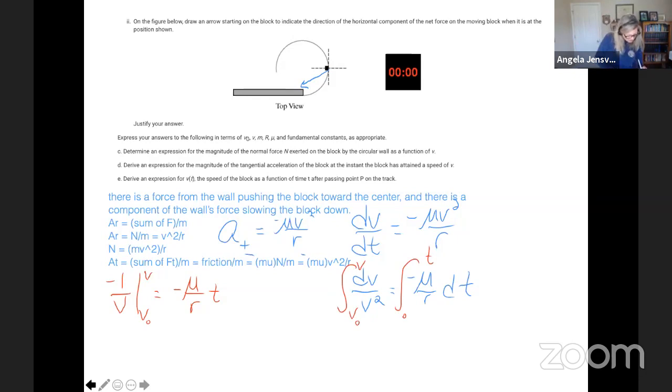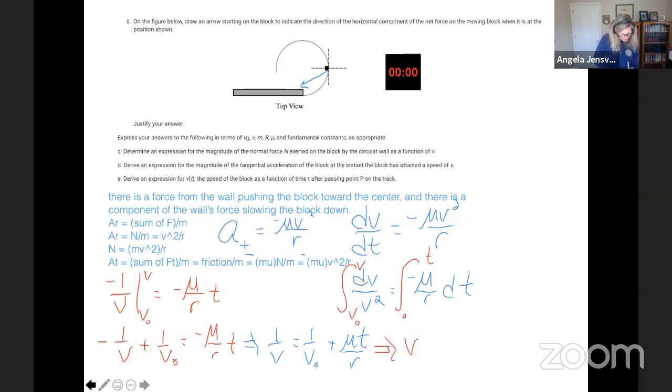So then we get negative 1 over v plus 1 over v naught equals negative mu over r t. And then we're going to solve for v, right? So 1 over v would equal 1 over v naught plus mu t over r. And then you should invert.